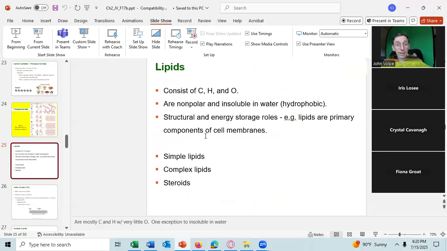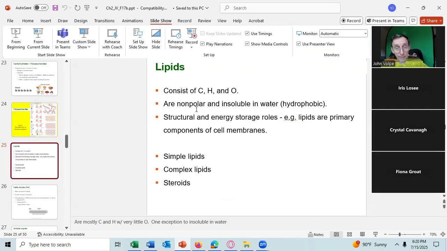Let's talk about lipids. Lipids are a biological molecule, one of the 4 major, and they do consist of carbon, hydrogen, and oxygen, but most of the atoms are carbon and hydrogen. They do have some oxygen, but not very much.